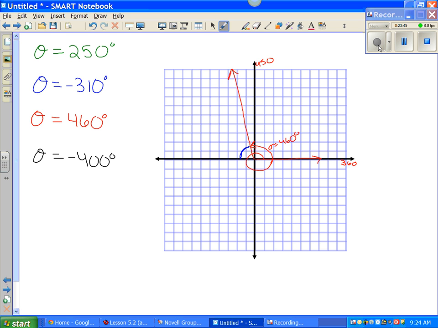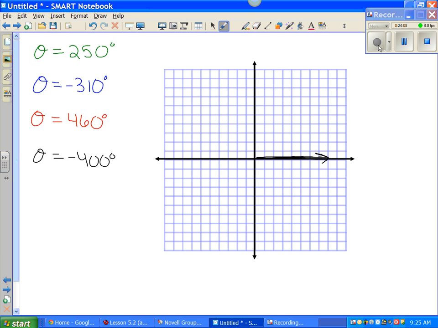All right, negative 400. Always have to mark the reference angle? No, only if they're asking for it, which they're not. Okay, negative 400. Which way am I going? Clockwise. Okay.